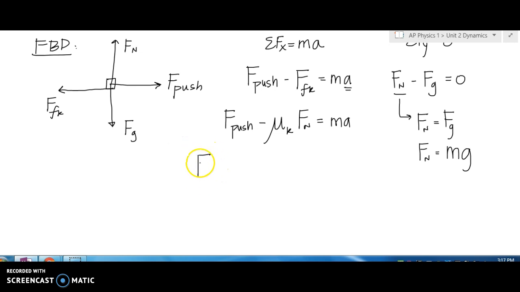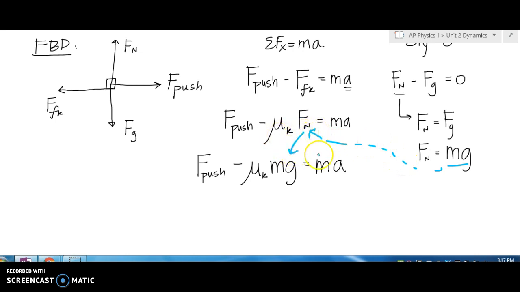So then you'll have force push minus mu k times m times g equals m times a. I made a substitution, this up in here for that guy. That takes him down to there. So far so good? All right.